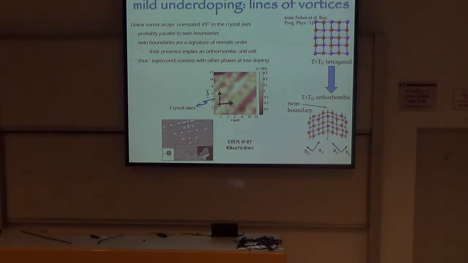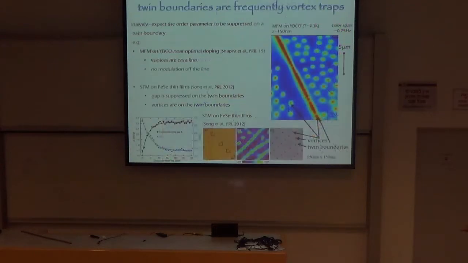And our initial guess was that the vortices sit on twin boundaries. This is what you see in other superconductors. So this is also work in my lab. These are vortices in a YBCO sample, and this sample is microscopic, but it had two twin boundaries, and this is one of them, and it sucks up all of the vortices in the sample.